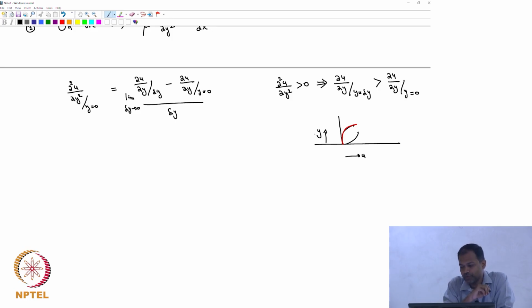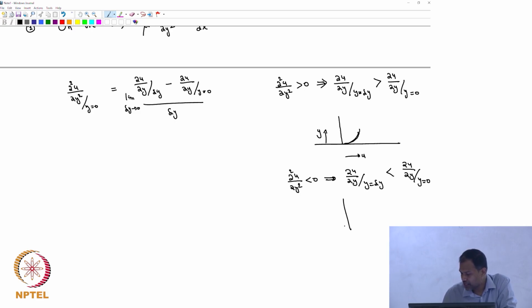Okay, so if ∂u/∂y is large, it has to be of that form, right? So it has to be that. And if ∂²u/∂y² is less than 0, that would imply that ∂u/∂y at y = Δy should be smaller than ∂u/∂y at y = 0, and that would happen if my profile actually has an opposite curvature.